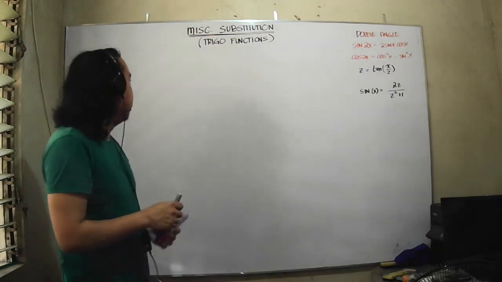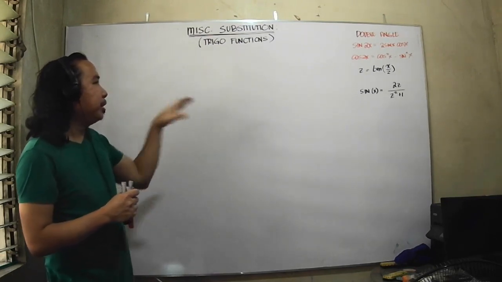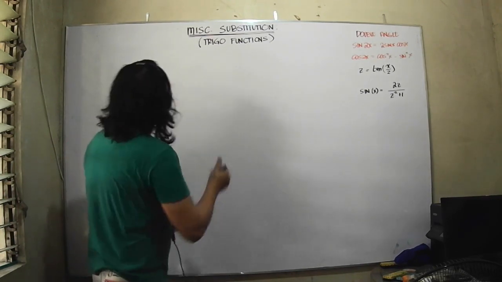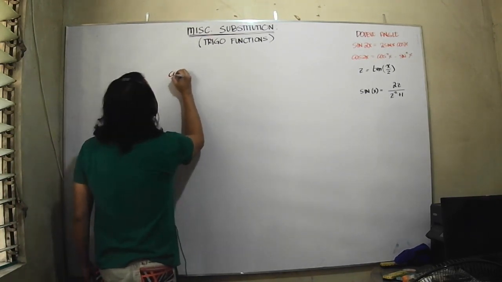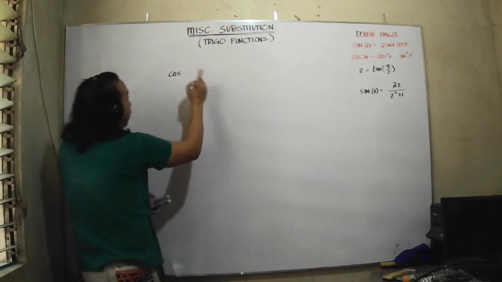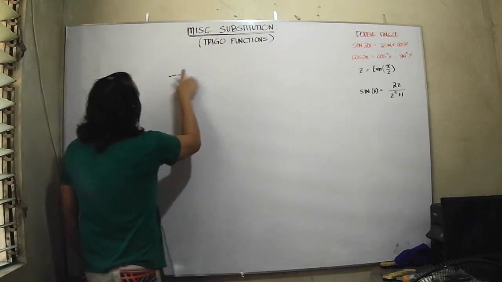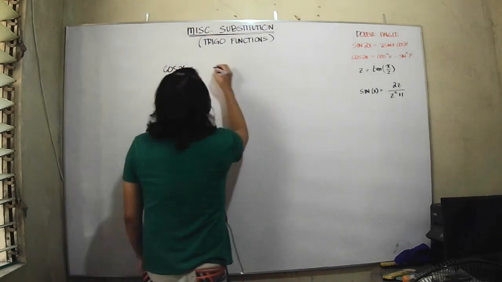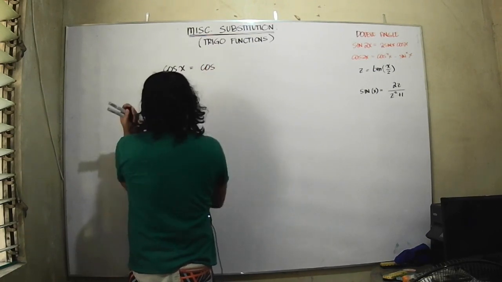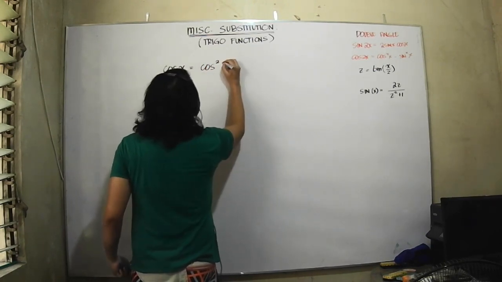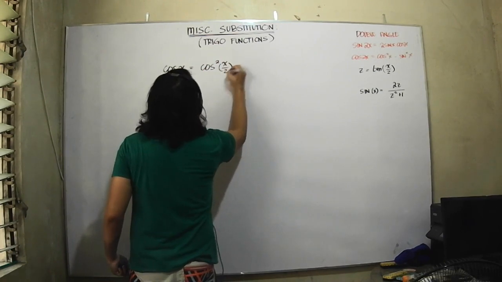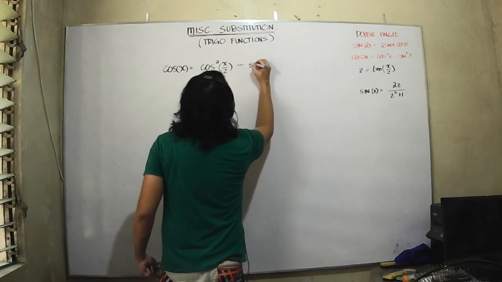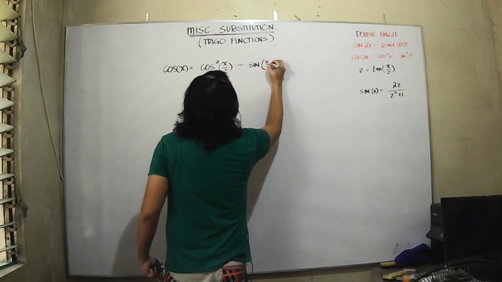Okay, let's continue. We have z and we have sine, but we don't yet have cosine. So let's derive an expression for cosine. The double angle theorem states that cosine x is equal to cosine squared x over 2 minus sine squared x over 2.